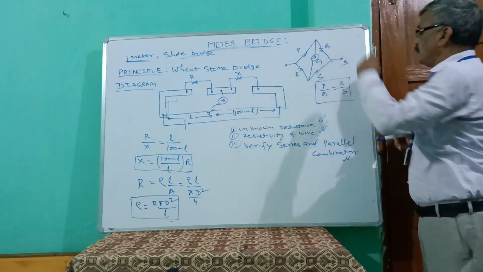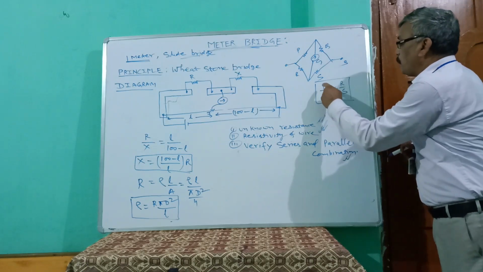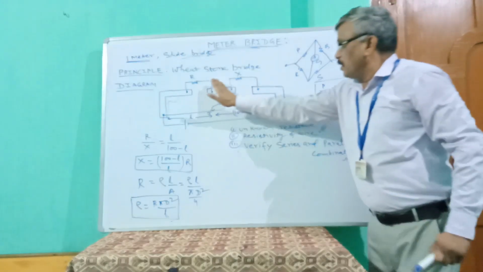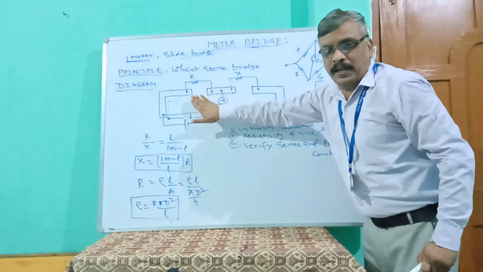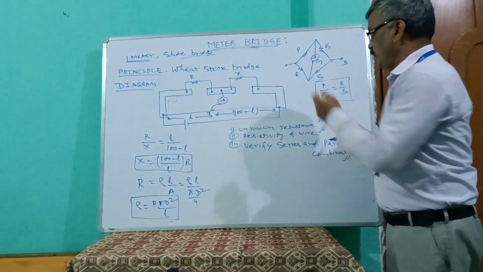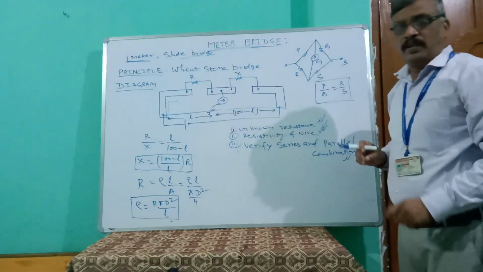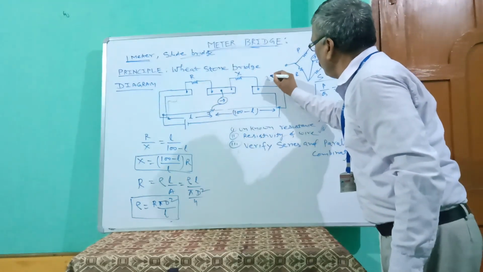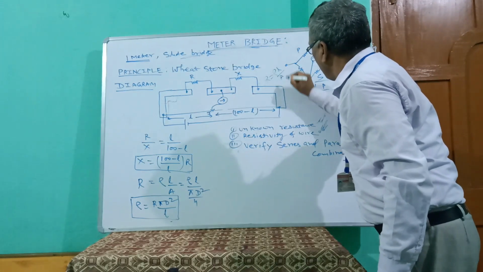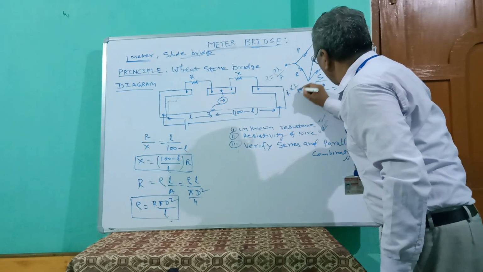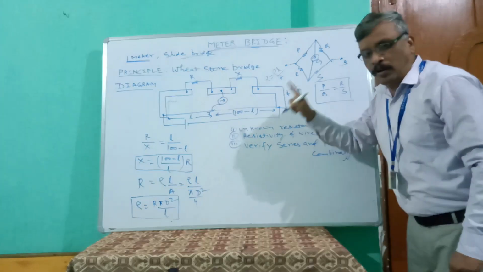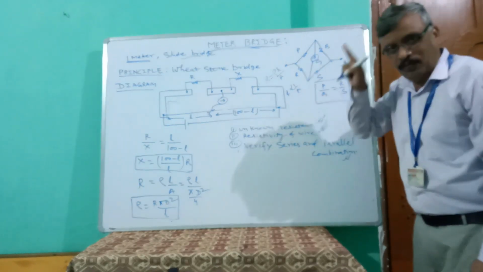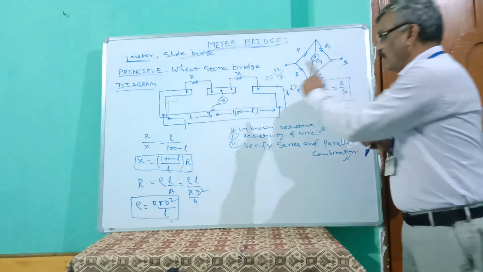Under the balance condition, we obtain P by Q equal to R by S. This is the simple diagram of the meter bridge, in which a thick strip is taken because R equals rho L by A, so R is inversely proportional to A. In case of a thick strip, the area of cross section is more, hence the value of resistance is less.